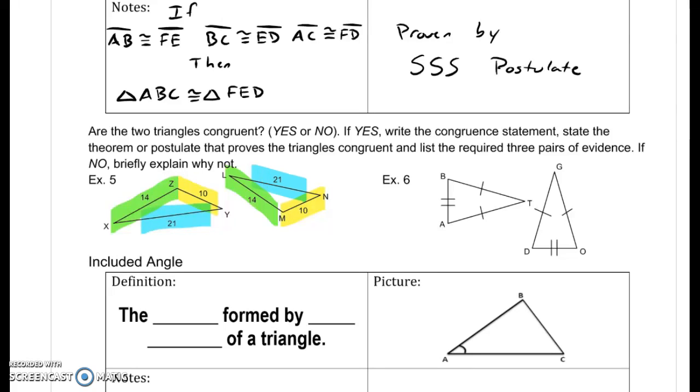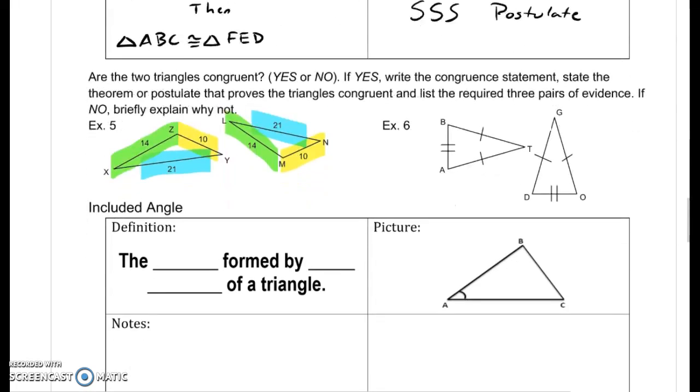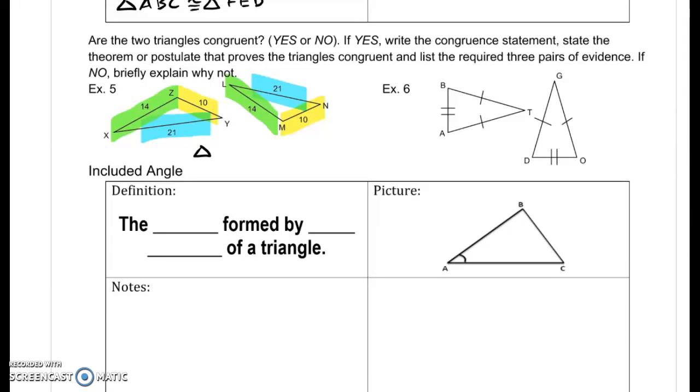So they're congruent by the sides. So therefore we can say the statement that triangle XYZ is congruent to triangle LNM.